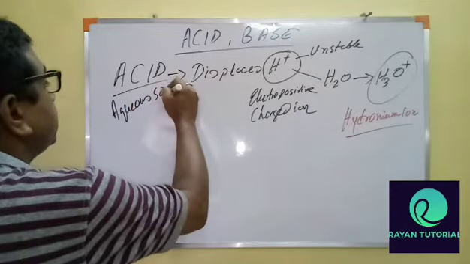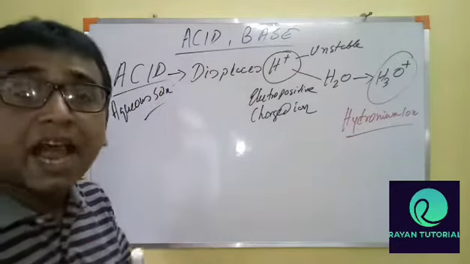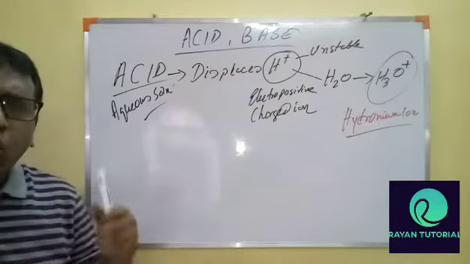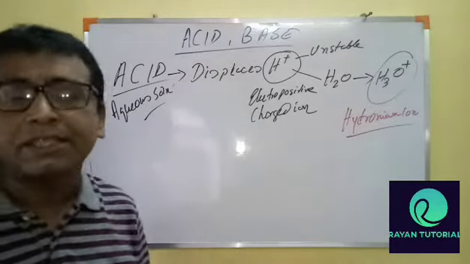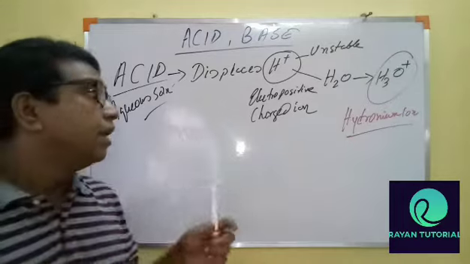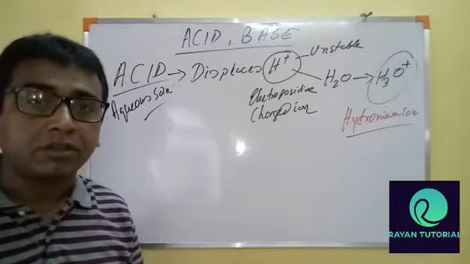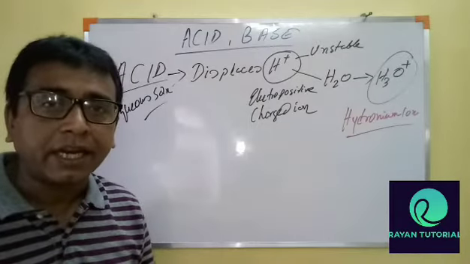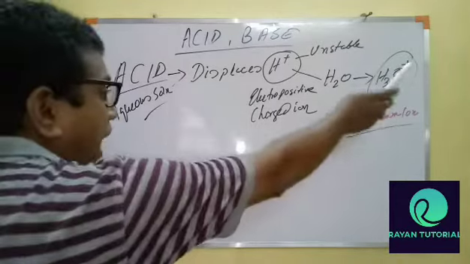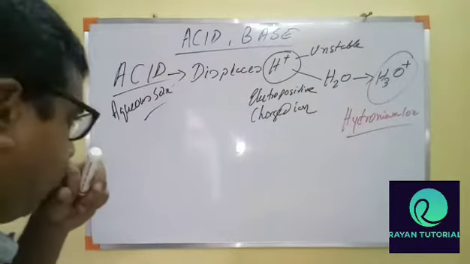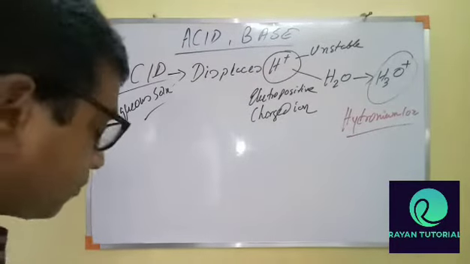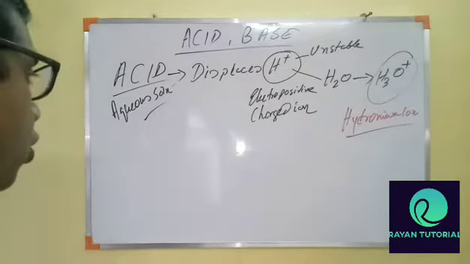Whatever acid you mix with water, the acid contains hydrogen, and it will give away that hydrogen ion and form hydronium ions. Is that clear to you?